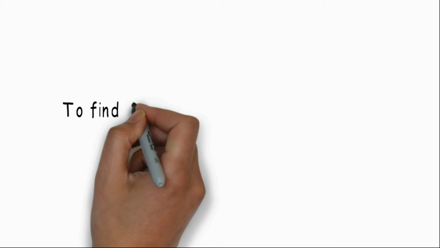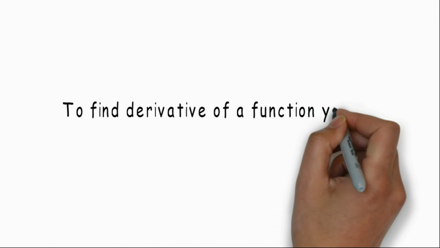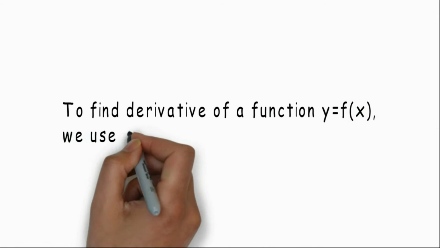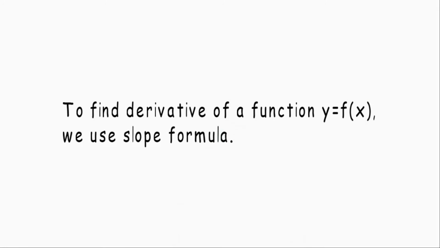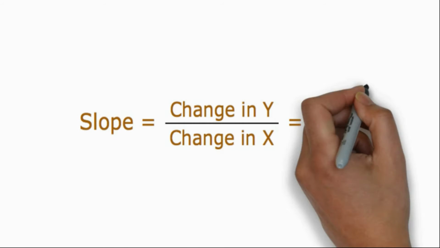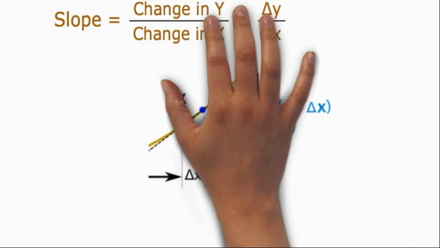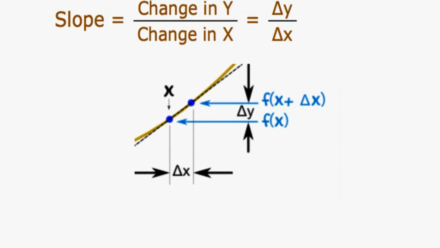To find the derivative of a function, for example, y equal to f(x), we use the slope formula. So the slope is change in y over change in x, or the symbol that we actually use for change is that triangle.